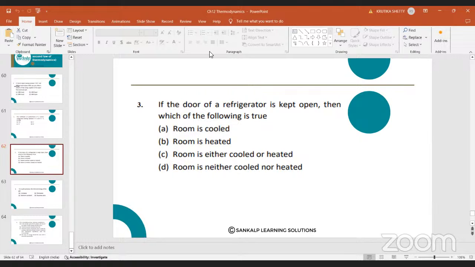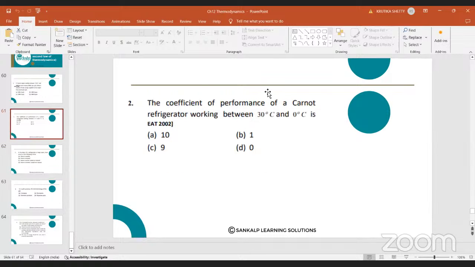It is a day-to-day process, but according to physics, you have to think. When you open it and feel, you feel it cool, but if you keep it open continuously, all the heat inside starts coming outside. Therefore, the room is heated. Option B is the correct answer. Okay, students, option B is the correct answer.